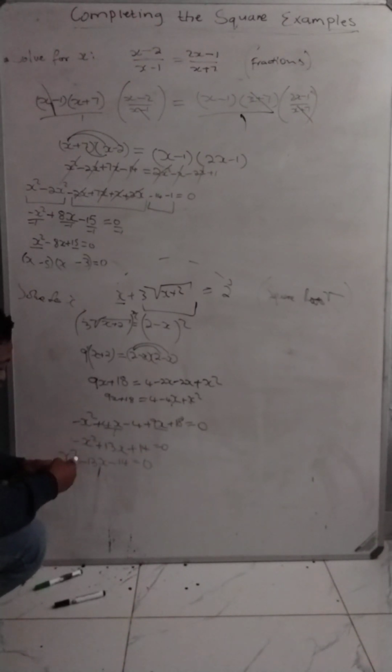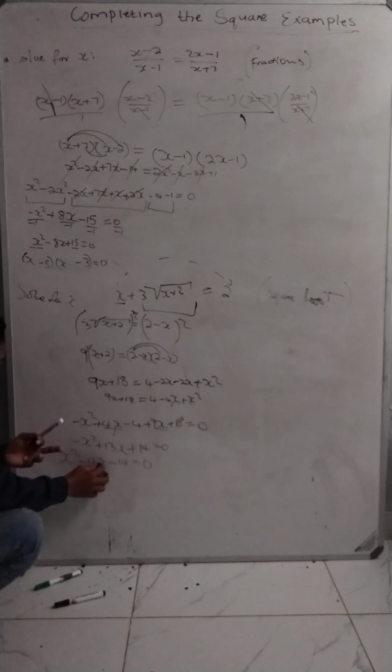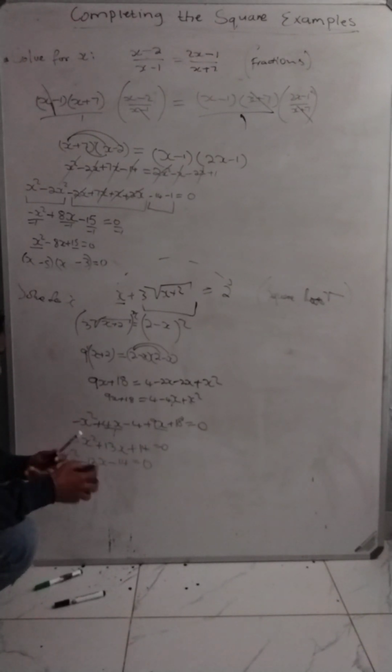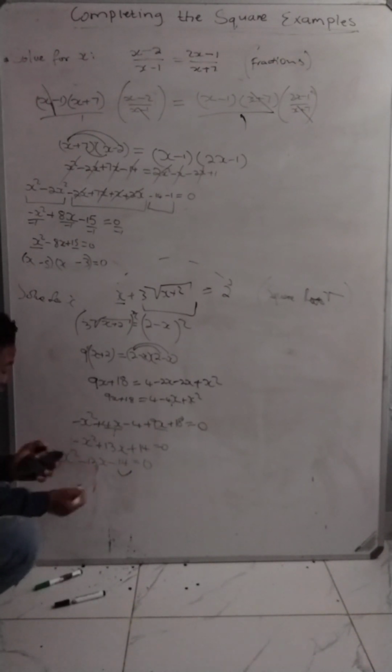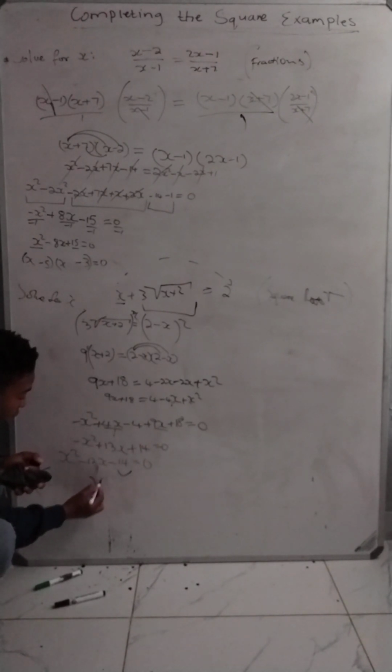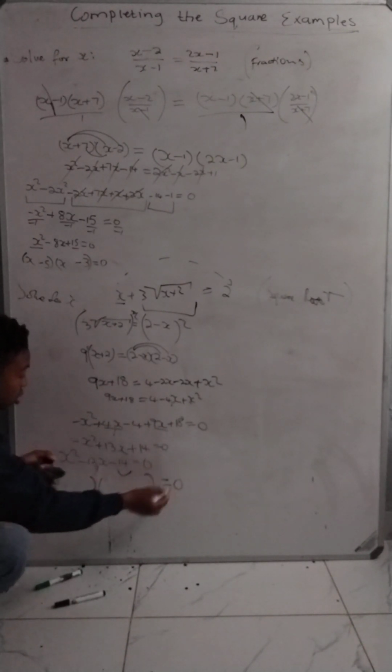You can go ahead and factorize this and get your values of x, or you can plug it into a quadratic formula. All right, so I can already tell that because of 13 and 14, the factors of 14 that will suit us better will be 1 times 14, so that 14 minus 1 gives us 13. So we can just go ahead and continue with it.